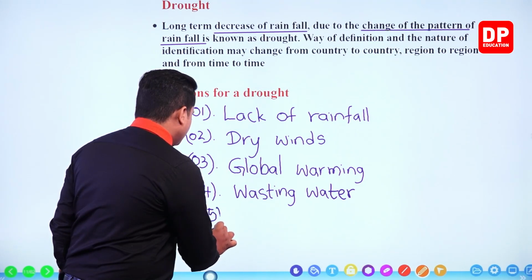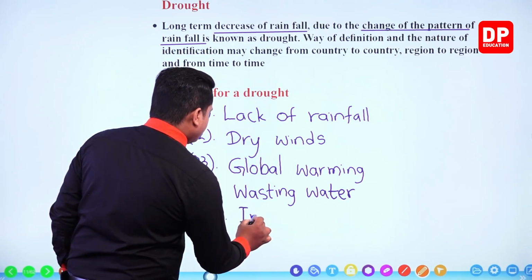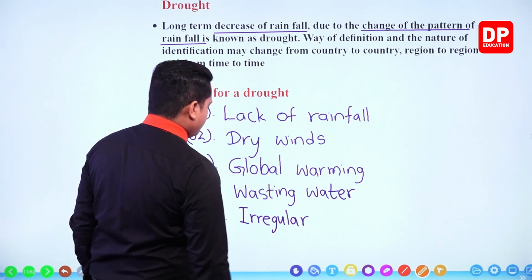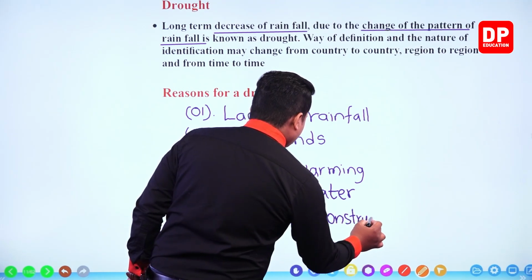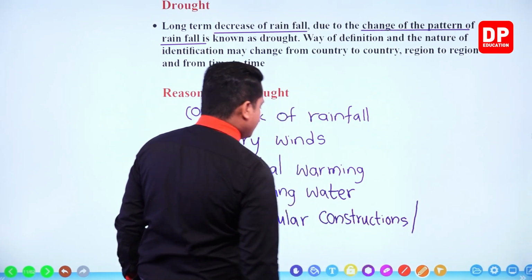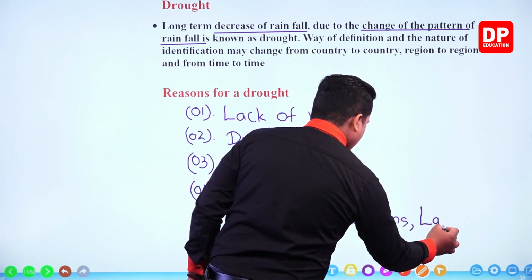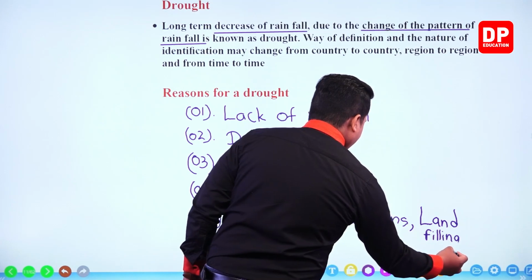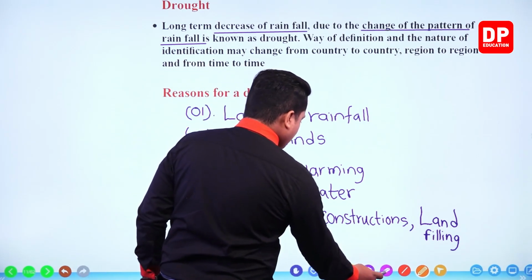Then irregular constructions. Irregular constructions, we'll put a comma, land filling. Right? Land filling. So I have mentioned 5 now.